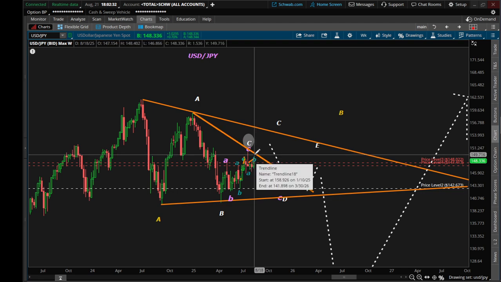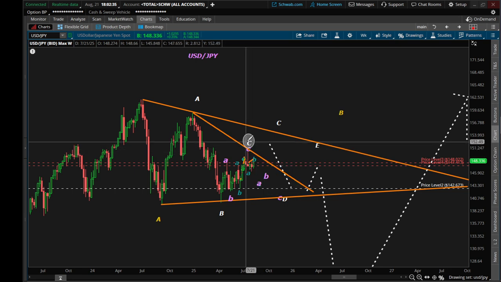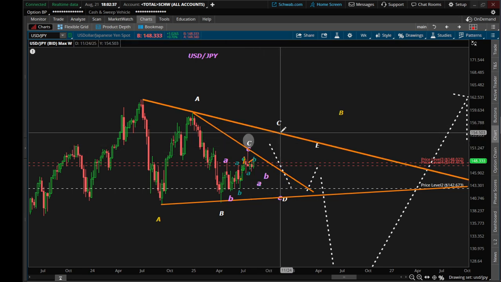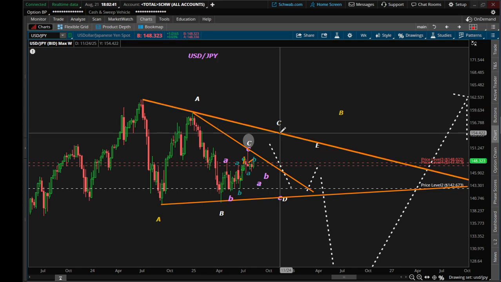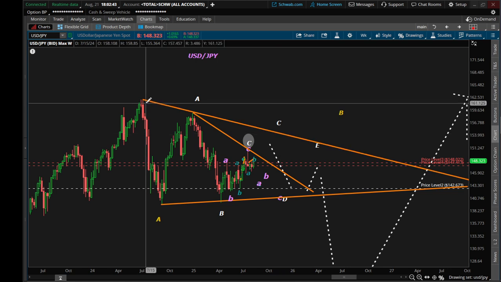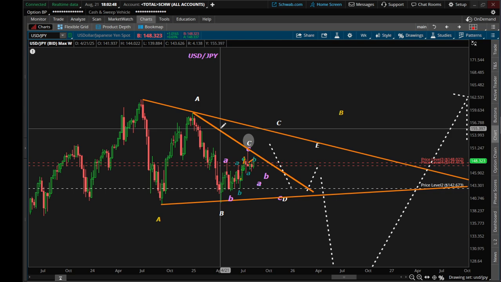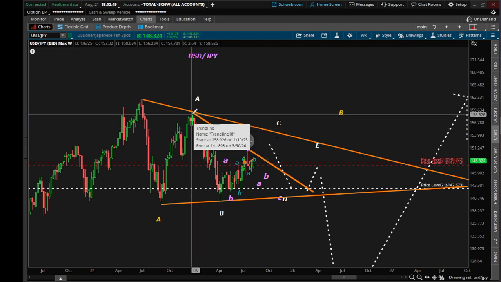All right. So I drew out 2 C's and two trend lines. This top trend line is from the top of July 2024, and the second trend line is from the top of January of 2025.